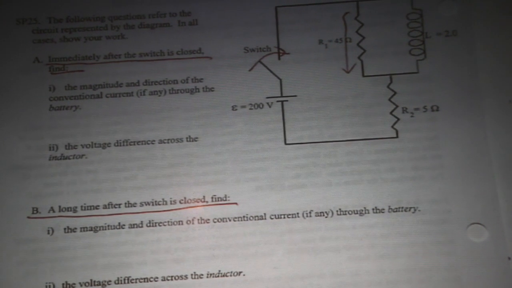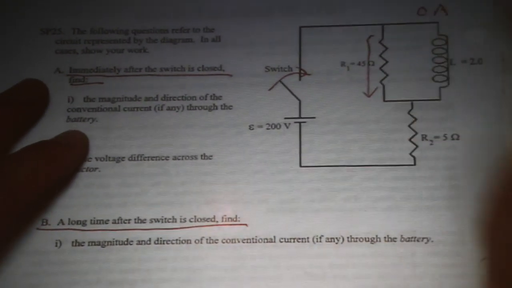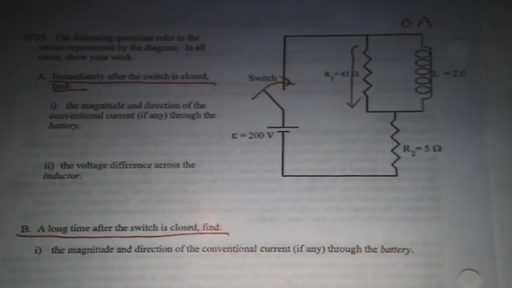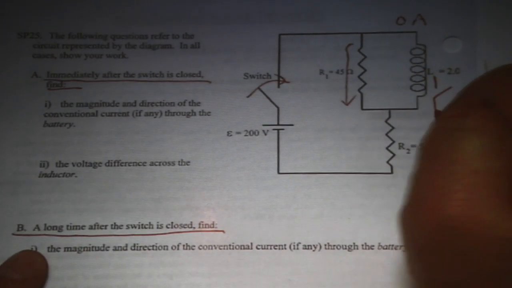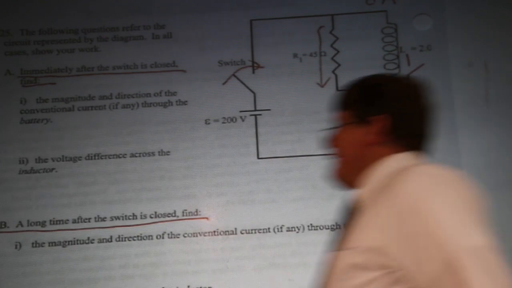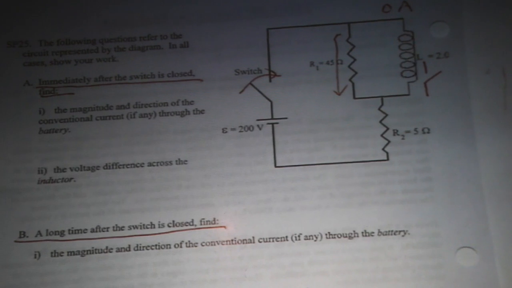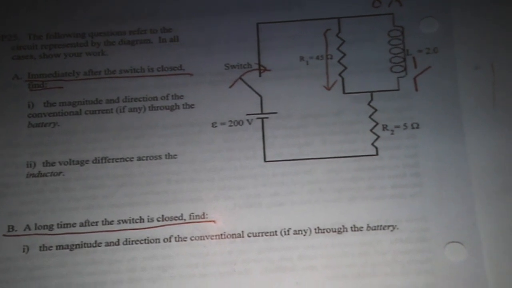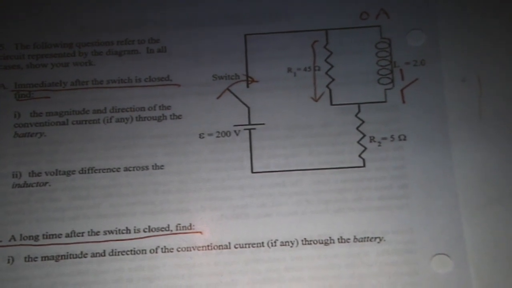So what's the current through an inductor? 0 amps. And so what's that inductor acting like? An open switch. Oh, the anti-capacitor. The capacitor acted like a wire when I closed the switch, and a long time after I closed the switch, it acted like an open switch. Well, an inductor acts like an open switch when I close the switch, the real switch, and a long time later, after it stops fighting, it acts like a wire.